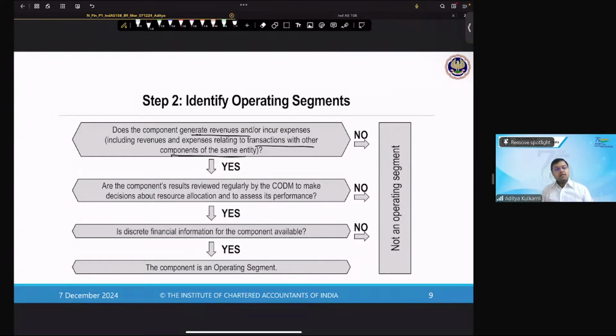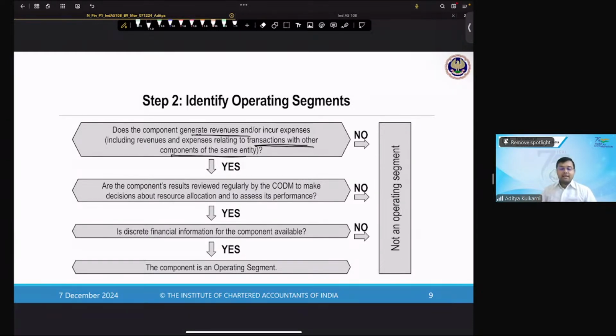So now, can I say that the spares division is capable of generating revenues, or can I say it is generating revenues? Yes. It is giving me revenues, but which type of revenues?